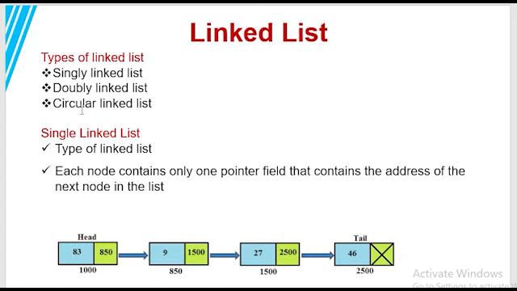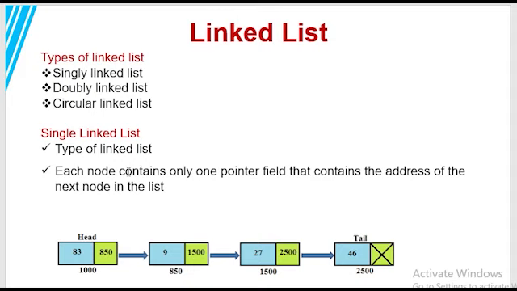Whereas in a circular linked list, the last node is connected with the head node. Even though a doubly linked list has two links, the last node cannot be directly contacted with the head node, but in a circular linked list you can have direct contact of the tail node with the head node.